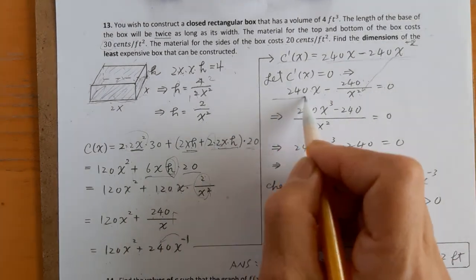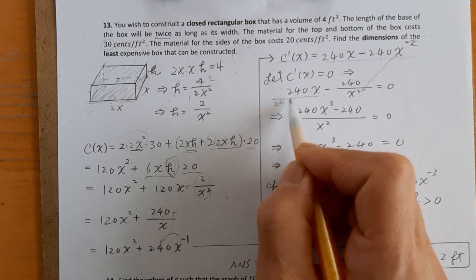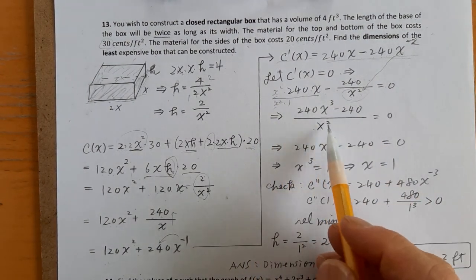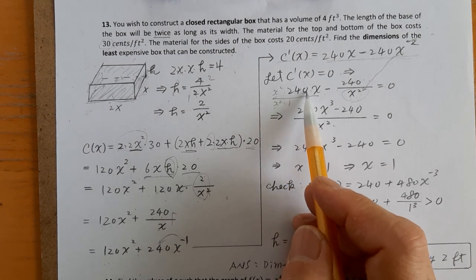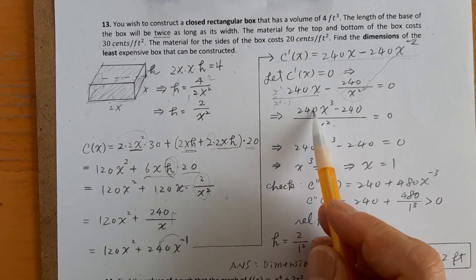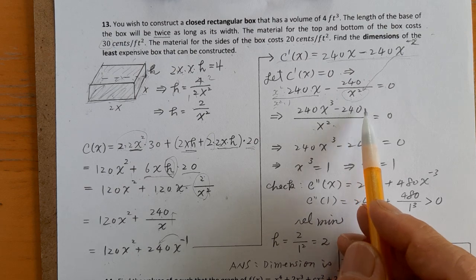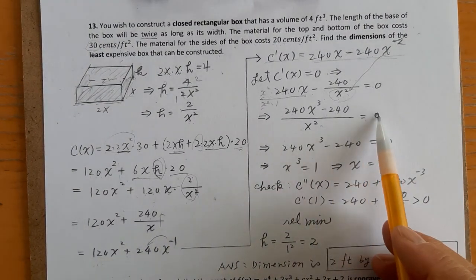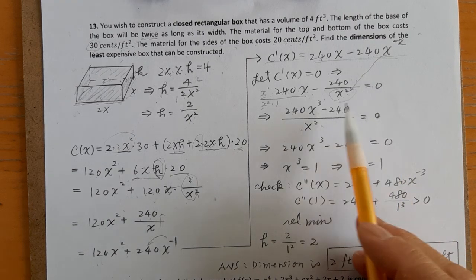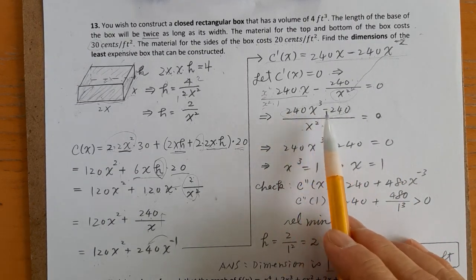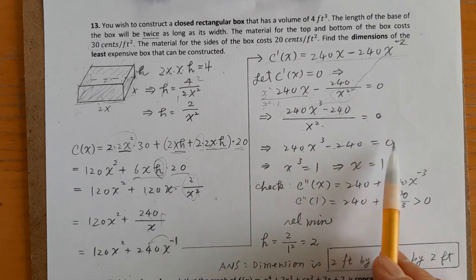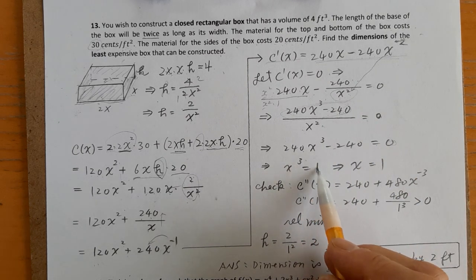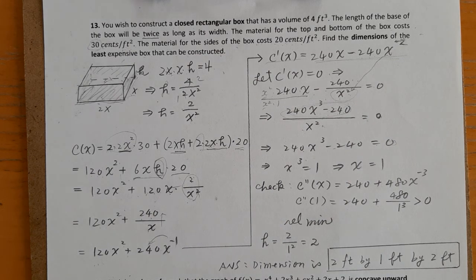Multiply both sides by the denominator x squared. The numerator is 240x cubed minus 240 equals 0. Solve for x: x cubed equals 1. Take the cube root, x should be 1.